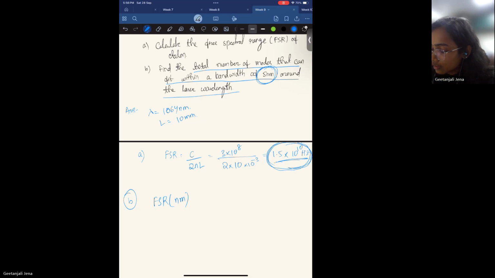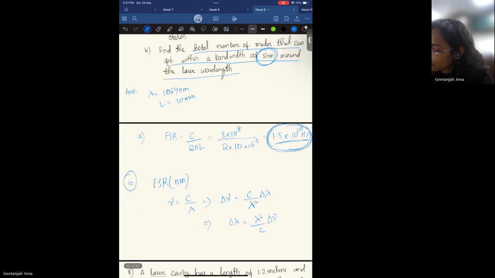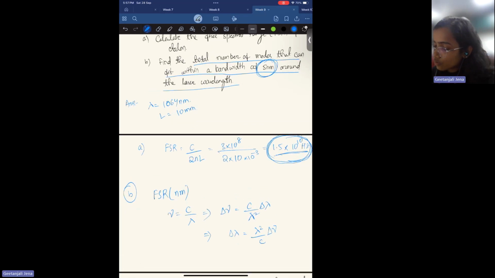So how can you convert from hertz to nanometer? For this, you can use this relation: delta nu equals c by lambda square times delta lambda. So that means delta lambda is lambda square by c times delta nu. We want the FSR in nanometer, right?